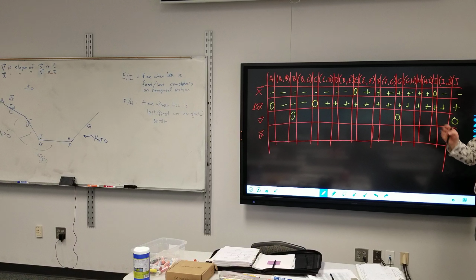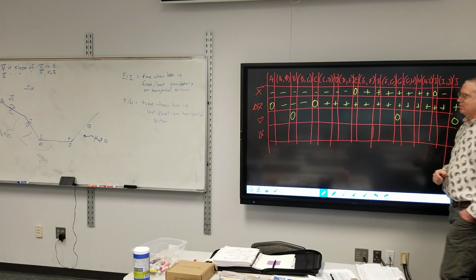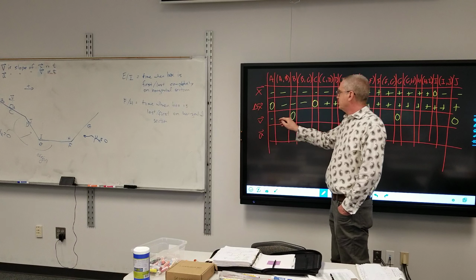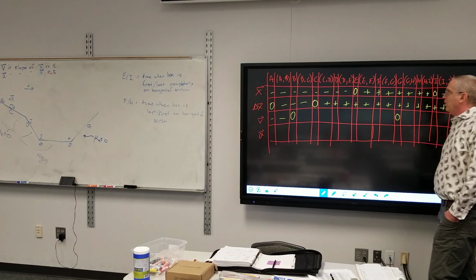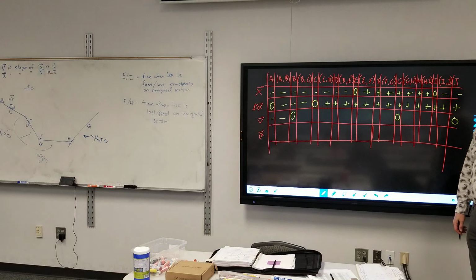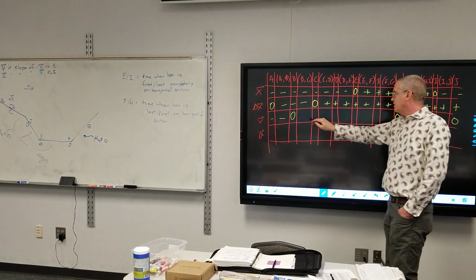What about before B? Negative. It is indeed, it's going in the negative direction. What about between B and G? Positive, because generally it's going to the right.